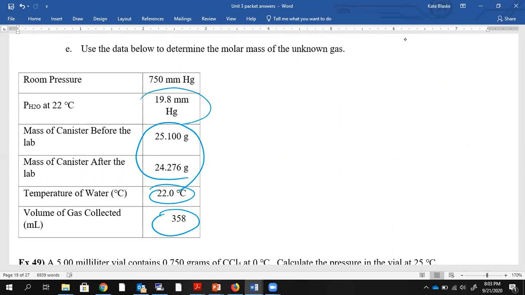And it tells us the pressure of water at 22 degrees Celsius. So if I know the total pressure, that's going to be equal to the pressure of whatever I'm trying to find, plus this 19.8 millimeters of mercury, because that is the vapor pressure of water.